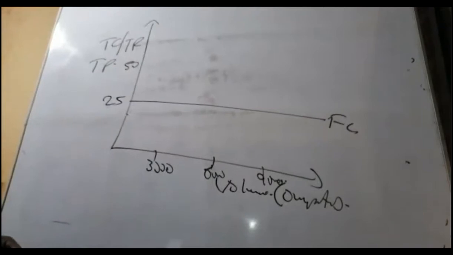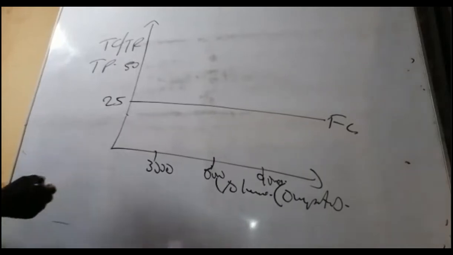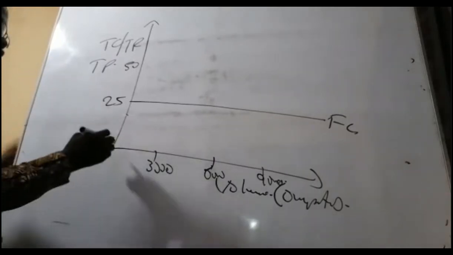Okay, so the next one is we have to look for our total revenue. Our total revenue will start from somewhere, something like this.